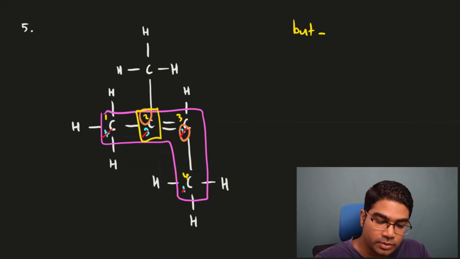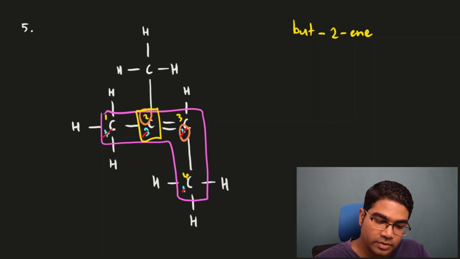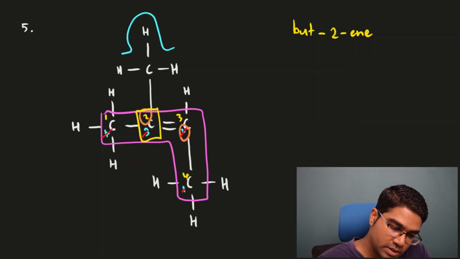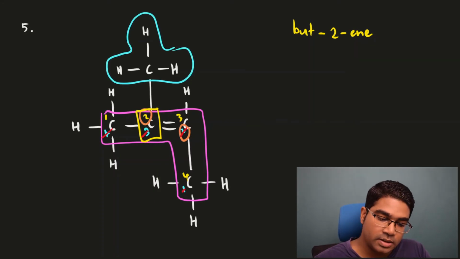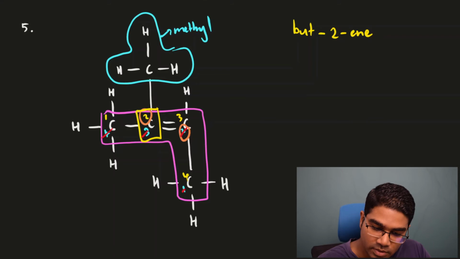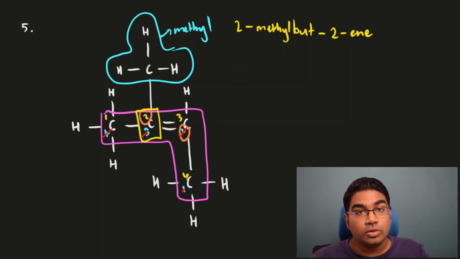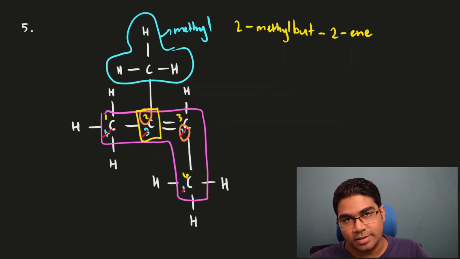Now we are ready to go with but-2-ene. Once again, we have to look at the branch. This is a methyl branch again, and this methyl branch is located at the second position. So this will be 2-methyl. This is 2-methyl-but-2-ene. Let's try to figure out some more complex molecules.